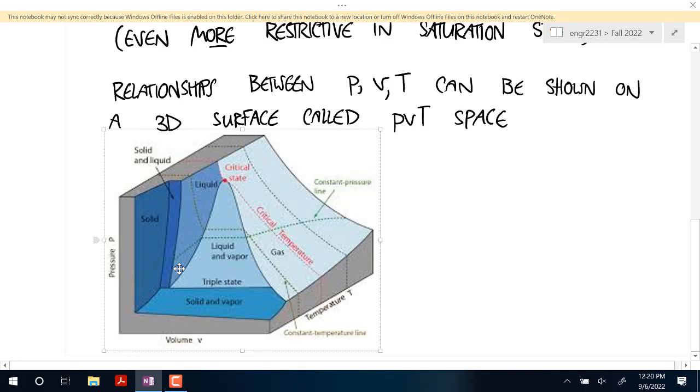We're not really going to use this 3D plot, although it's a nice thing to make some sense out of. What we'll use is 2D projections of this 3D surface.